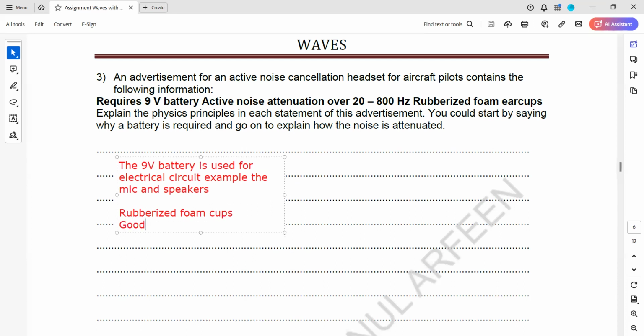They are good absorbers, and they have a large area, so they absorb a greater amount of energy, which minimizes the sound or the noise.